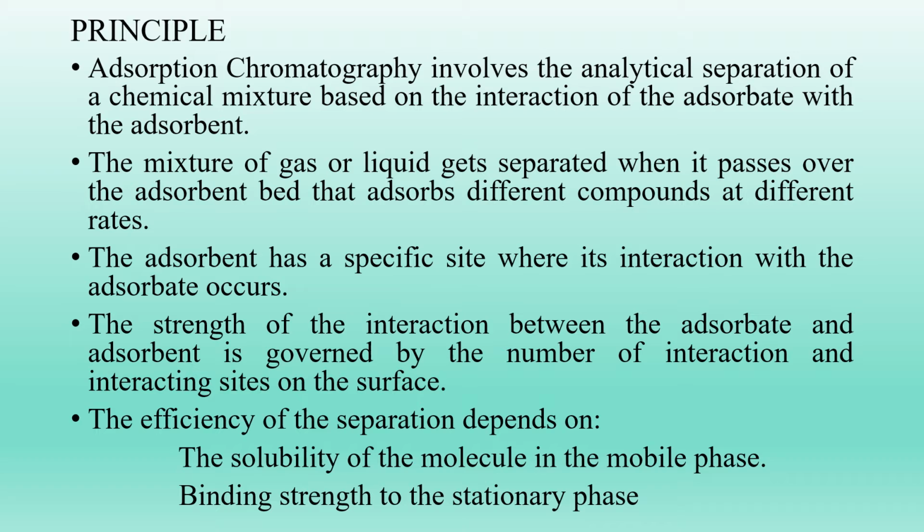The strength of the interaction is governed by the number of interactions and interacting sites on the surface, whereas the efficiency of the separation mainly depends on the solubility of each molecule in the mobile phase and also the binding strength to the stationary phase.